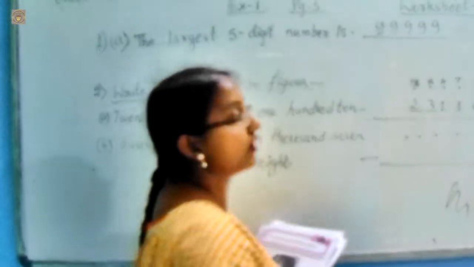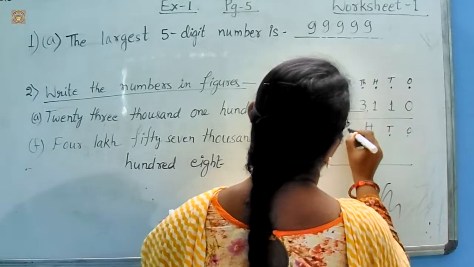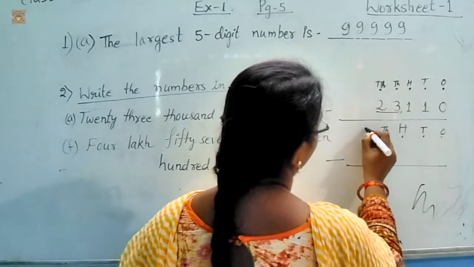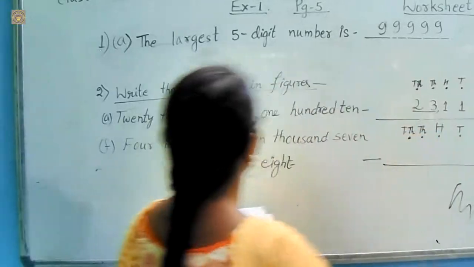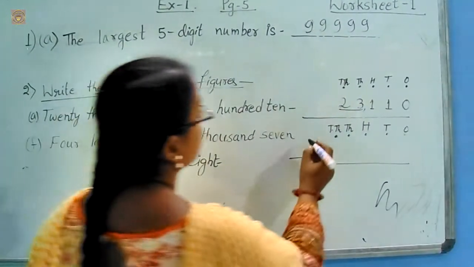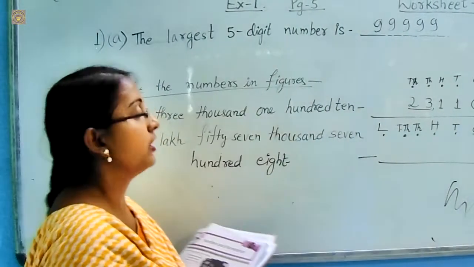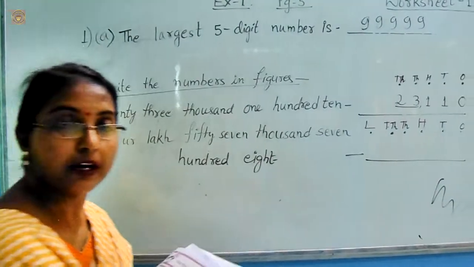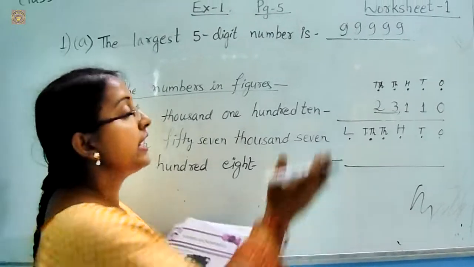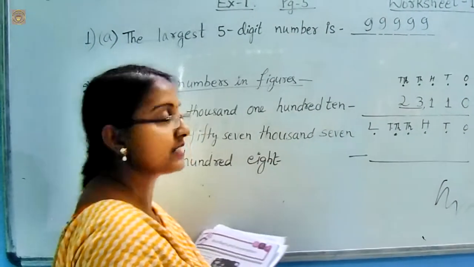By giving the dots, this is ones, tens, 100, 1000, 10,000, but in the question there is written lakh. So the place value will be increased as lakh. Now write one by one the numbers individually by putting the place value.